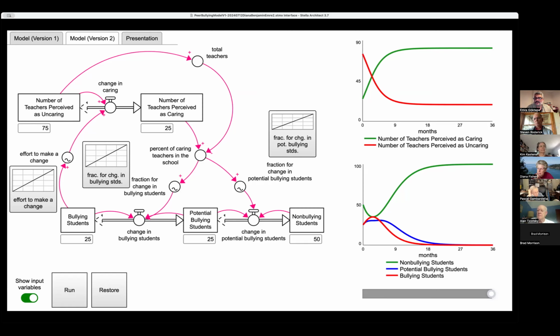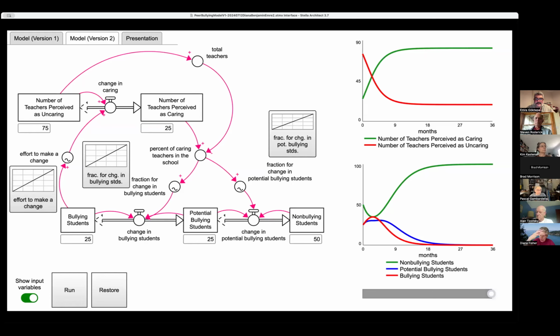So there is something lacking in this. There should be something balancing. This is a very strong reinforcing loop, in the sense that it takes all bullies and makes them non-bullies. It's very optimistic. Right. Actually, I think this is balancing to zero.